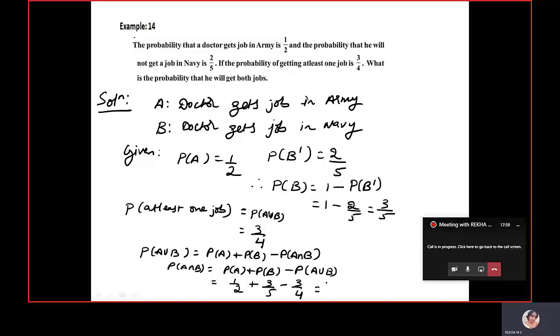So that is equal to 10 plus 12 minus 15 by 20, that is equal to 7 by 20. So the probability that he will get both the jobs will be 7 by 20.